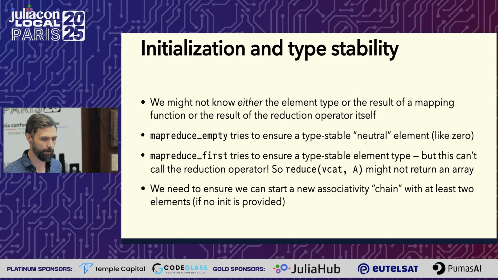But this is important for type stability, right? We need to be able to know that inside of those loops, we have a type stable thing. We want this to be fast, and to be fast in Julia, we want it to be type stable. That's exactly what these internal functions are trying to do. MapReduceEmpty tries to ensure a type stable neutral element that is not only type stable inside the loops, but also outside the function as well.